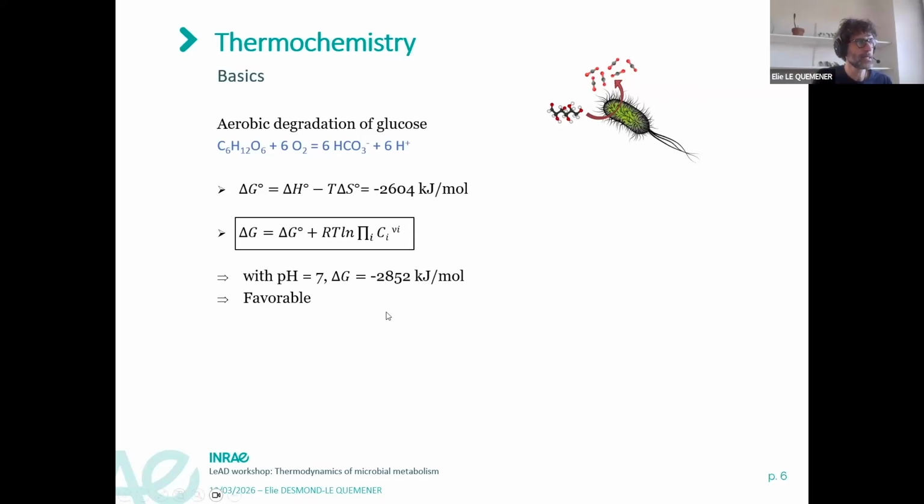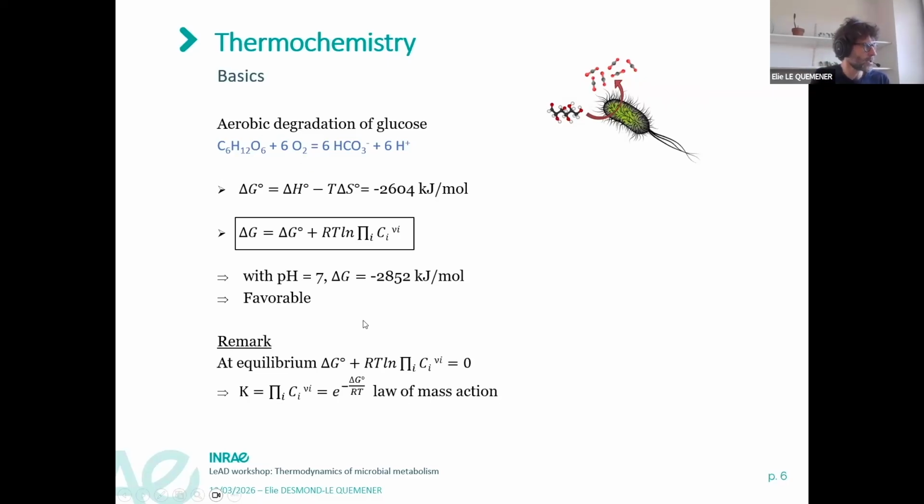In fact, this energy, minus 2,852 kilojoule per mole, is like the available work if we want to use this reaction to do some transformation. And just a remark, it's linked with the law of mass action for those who know that, because if you assume that the reaction is at equilibrium, then delta G is equal to 0.